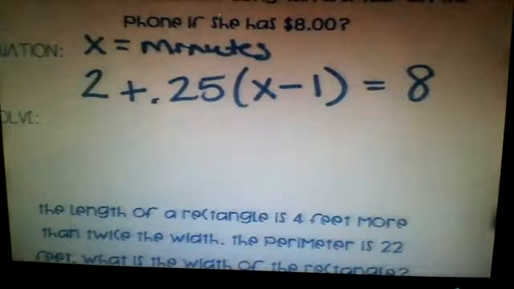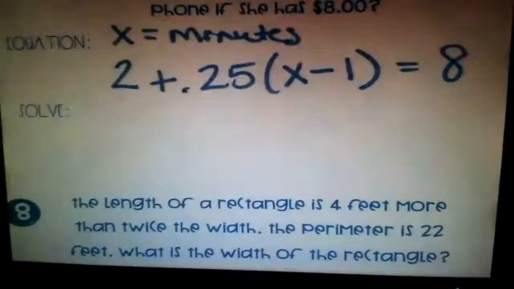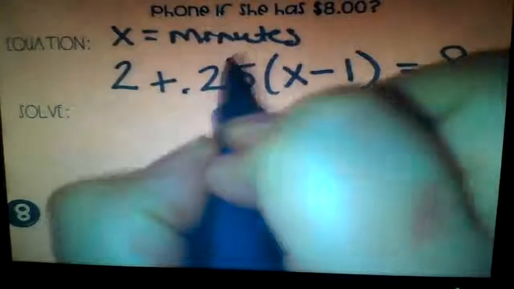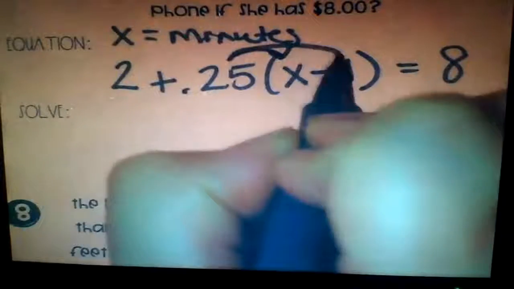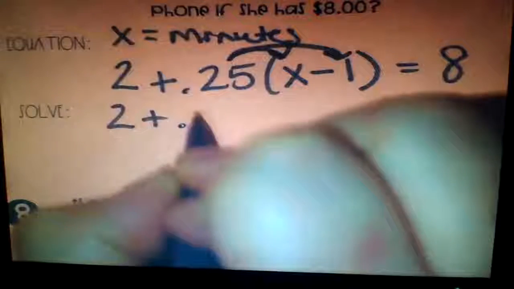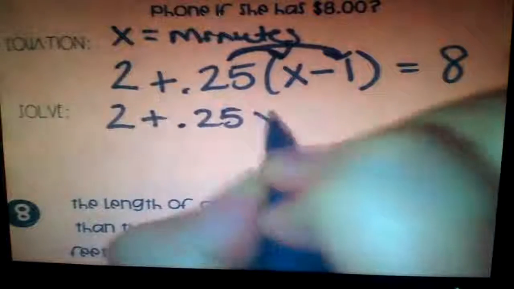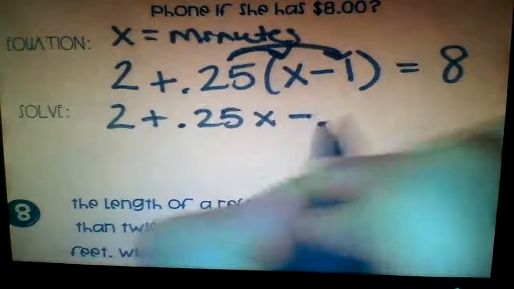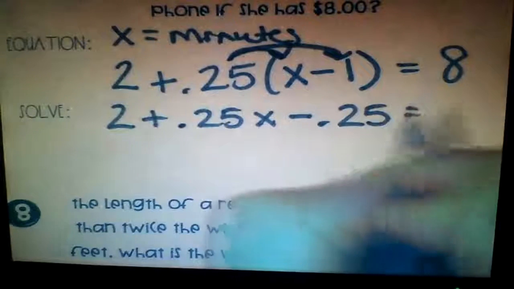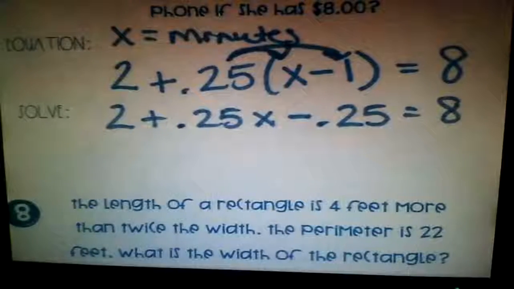So what do you want to do first for this one? With order of operations, what should I do first? Multiply this through. So I need to distribute 25 cents to both of these. So this is 2 plus 0.25x minus 0.25 equals 8.